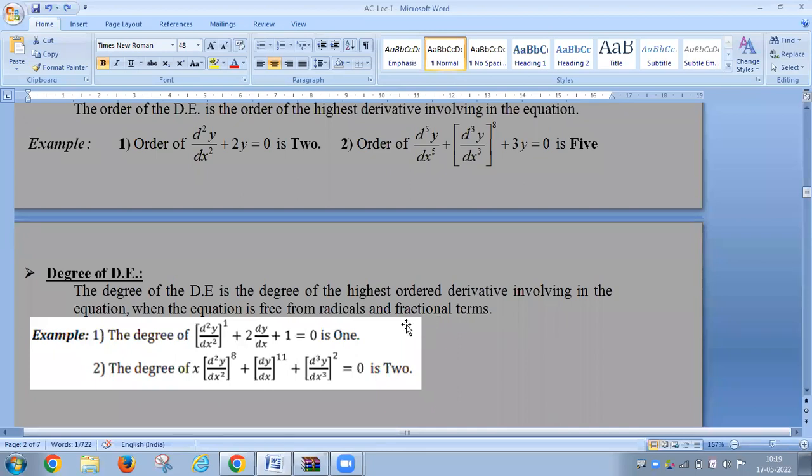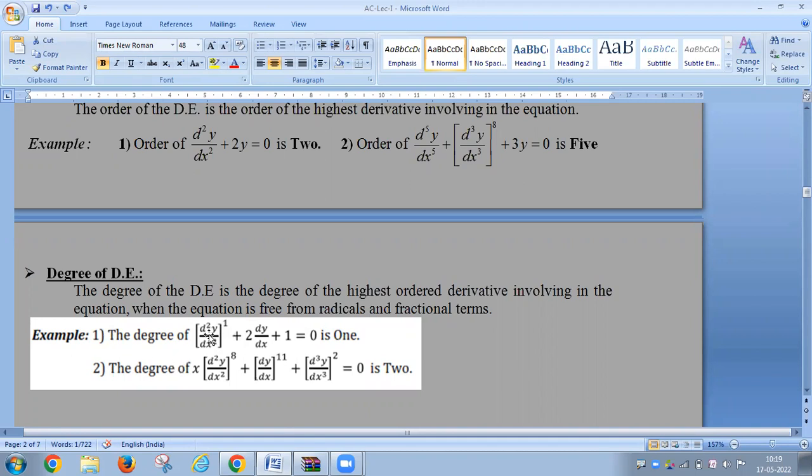Radicals and fractions means it should be free from fractional powers. The equation should be made free from fractions in the powers. Then we define the degree as the power of the highest derivative. The power of the highest derivative is nothing but the degree of a differential equation.